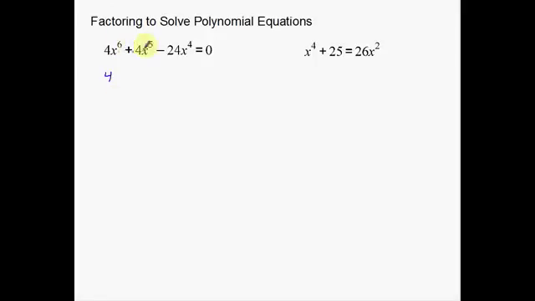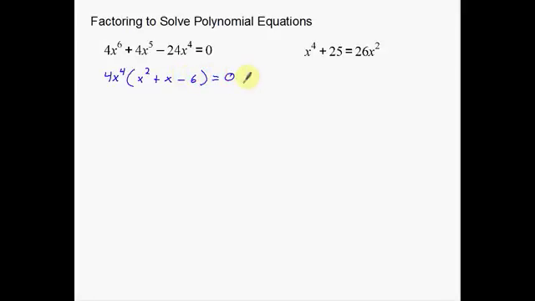I also see that every single x term has at least x to the 4th. So I'm first going to factor out that common factor, a 4 and an x to the 4th. That leaves me x squared plus x minus 6 equals 0.